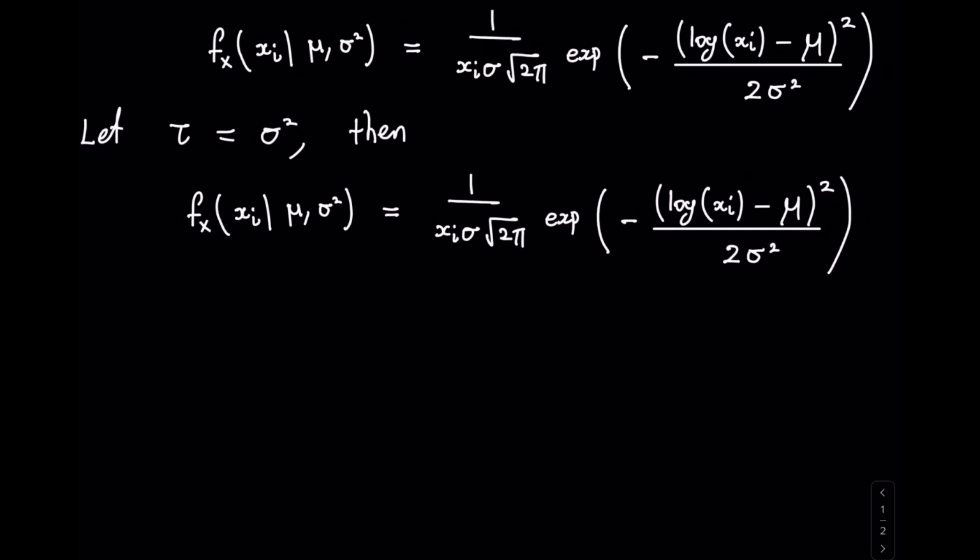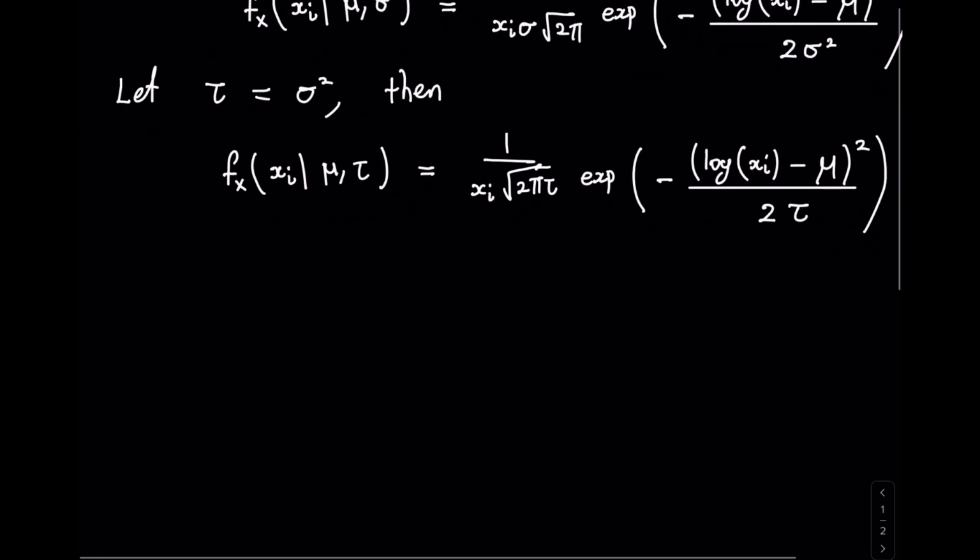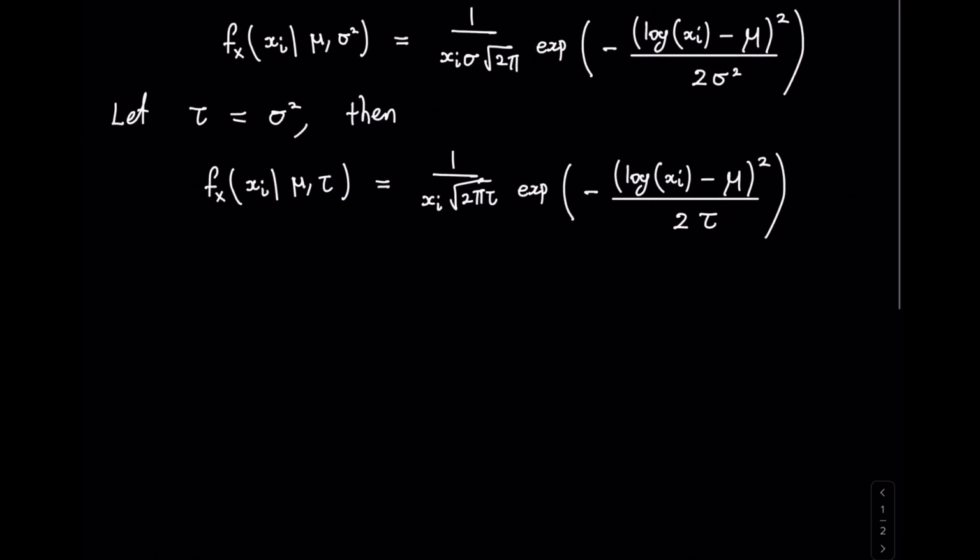So mu and tau are our parameters. We can now replace this part here as the square root of 2 pi tau, all inside the brackets, and we can replace this sigma squared as a tau as well. That's just going to make our calculations easier.